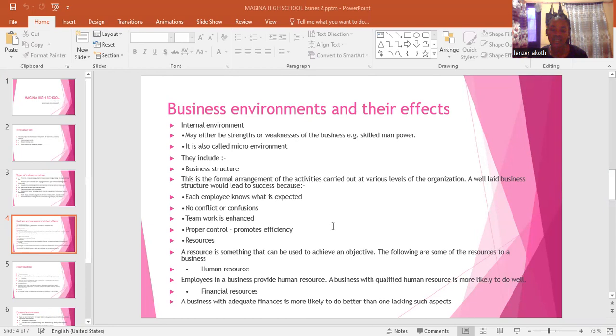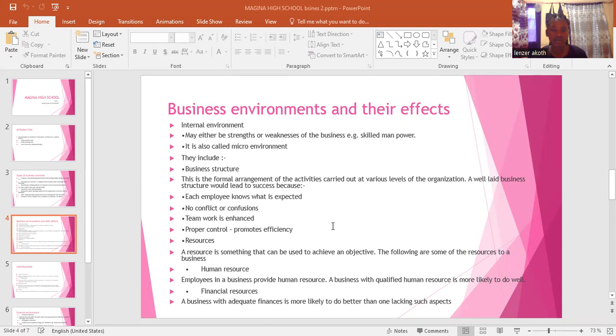Another one is teamwork is enhanced, and proper control that will promote efficiency. It means that when we have a well-laid business structure, then automatically the business will prosper, and it is going to be efficient. But when it is vice versa, then you'll have to face the consequences and the risk of a poorly laid business structure.